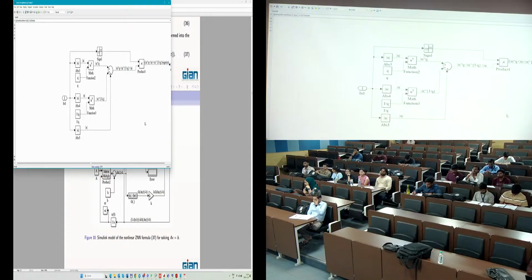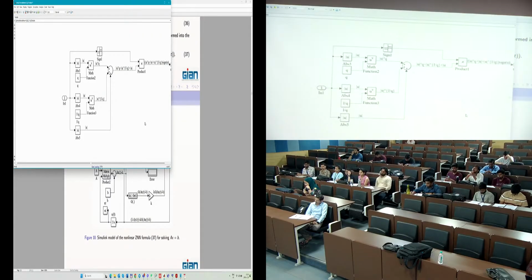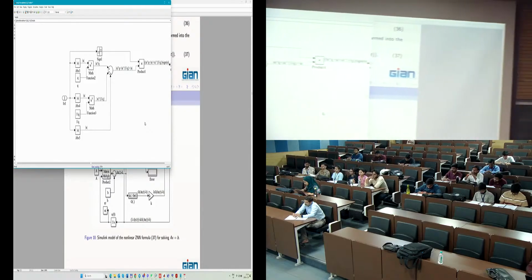typical finite time convergence is of the form absolute value of u plus absolute value of u to the power 1 by q. Q is something between 0 and 1. When the value is big, we always have a trade-off between two terms.